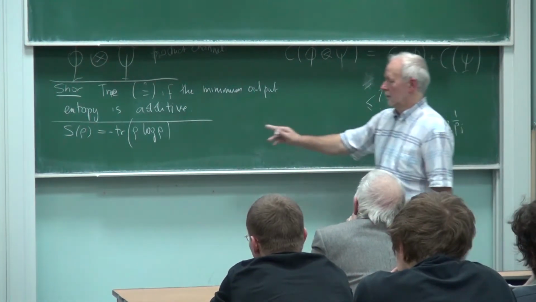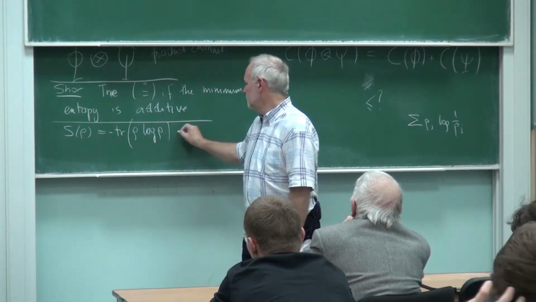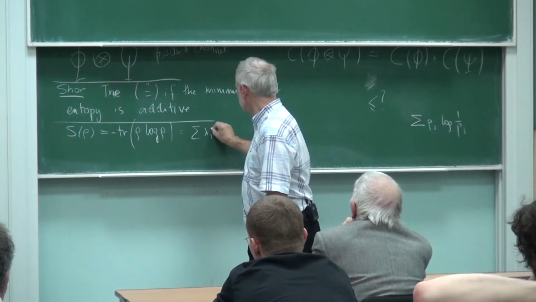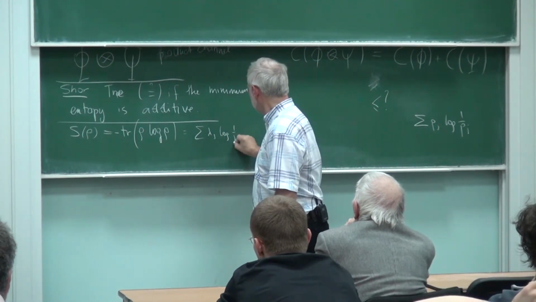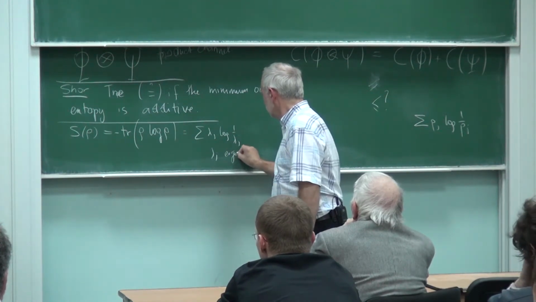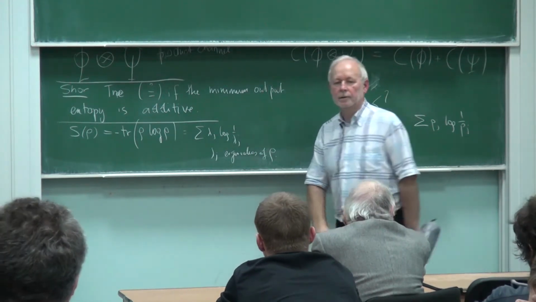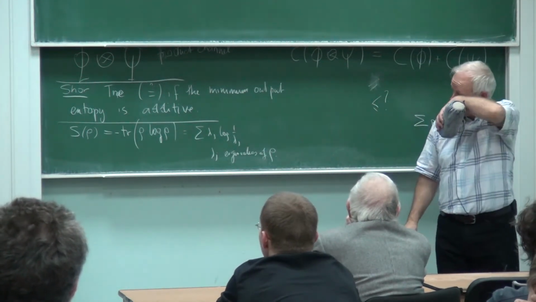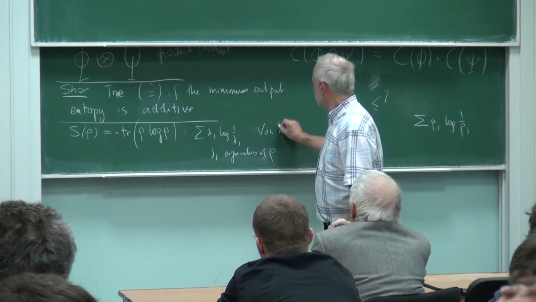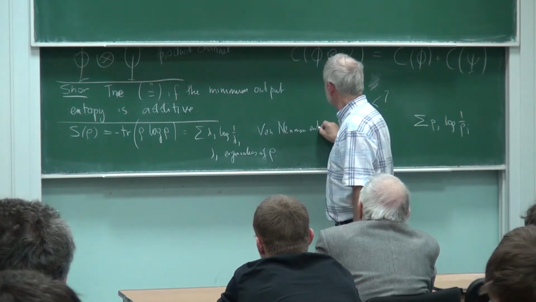So here is basically the same formula, and this is the same as the sum of lambda_j log of 1 over lambda_j, where lambda_j are the eigenvalues of rho. So this is the so-called von Neumann entropy.